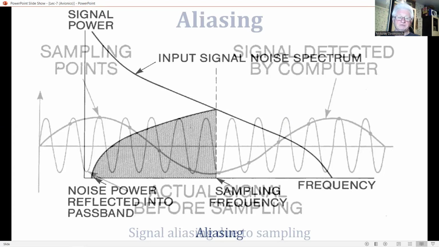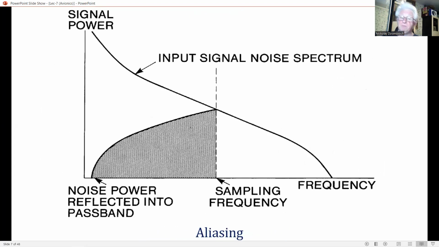The effect of sampling is to fold back the high frequency content of the real signal above the sampling frequency, so that it appears in the frequency range below the sampling frequency. Please see this diagram. This effect is known as aliasing.